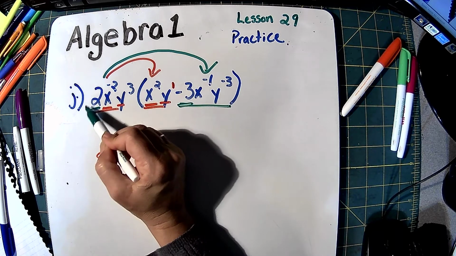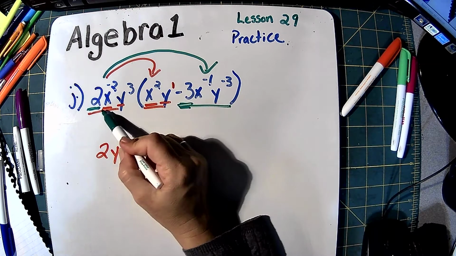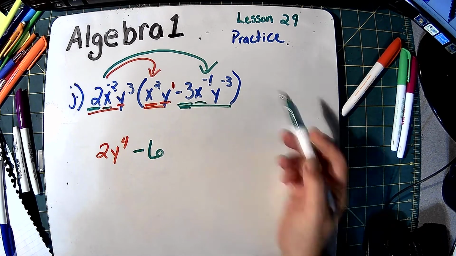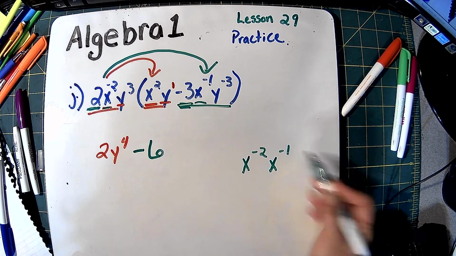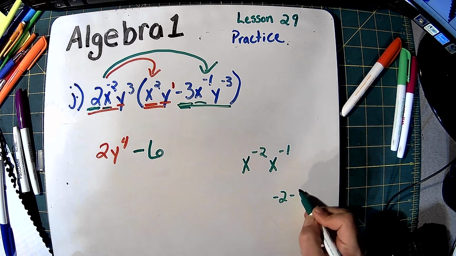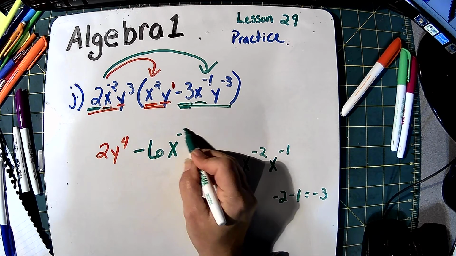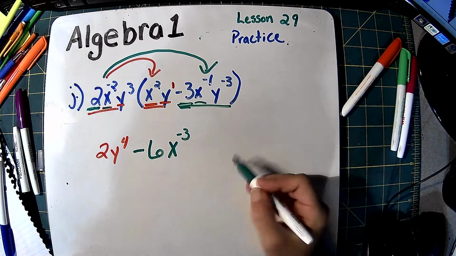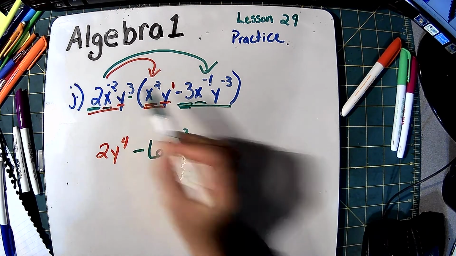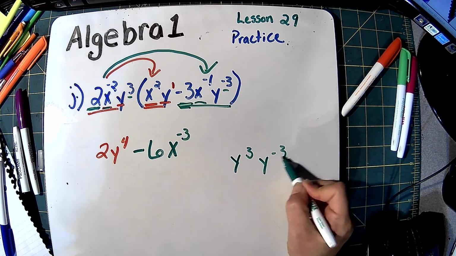So always make sure that if you have numbers, you're multiplying those numbers when you rainbow. All right, here we got x to the negative 2, x to the negative 1. That would be negative 2 minus 1, which would equal negative 3. So that's x to the negative 3, that part. And then for our y's, we have y to the third right there, and then we have y to the negative 3.